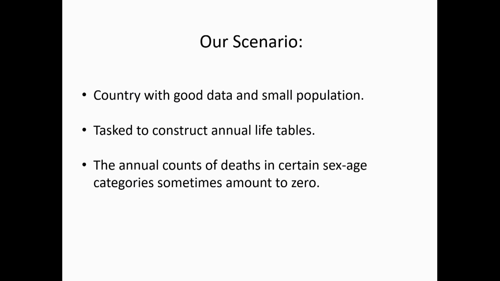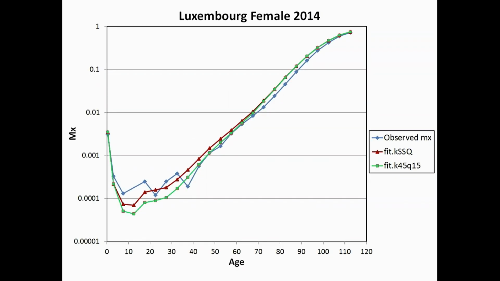Now, you know you can't show 0 death rates because there's always some non-zero probability of dying at any age. And in this situation, I might resort to a model life table. And so we'll look at some instances like that.